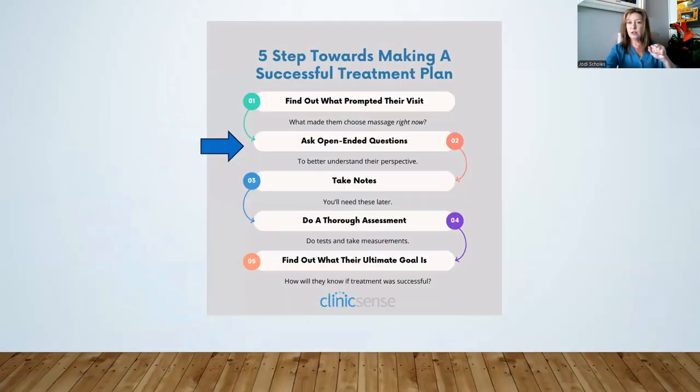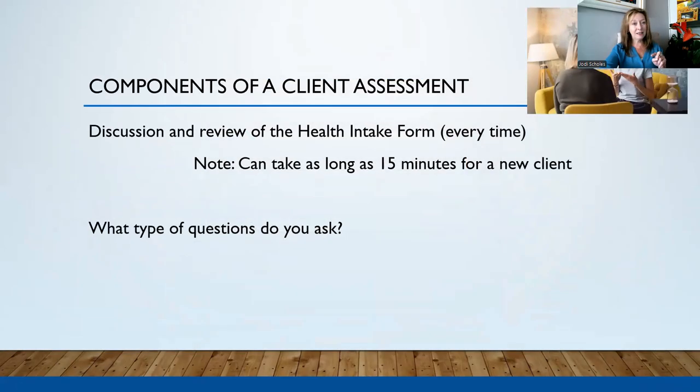Once we've identified those areas where they want attention, we're going to ask some open-ended questions. Now, coming back to the MBLEx, there are 3 types of questions that you ask. Of course, we're going to discuss and review that health intake form every time.